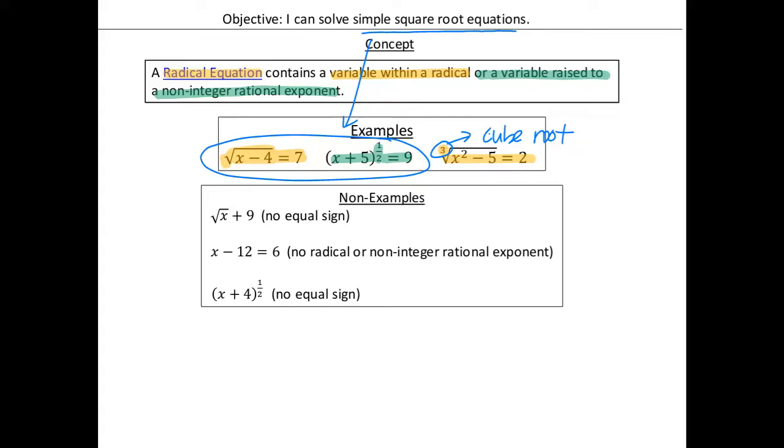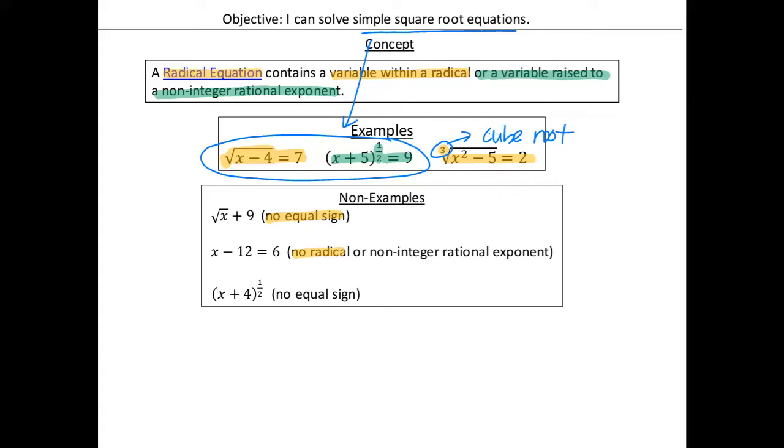All right, then I have non-examples at the bottom. Notice, even though I have the square root of x there, there's no equal sign, so it's not an equation. On the second example, I don't have a radical, I don't have a square root, so it's not a radical equation. That's just a regular equation, a linear equation.